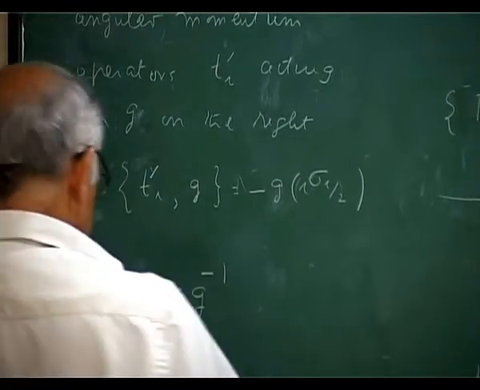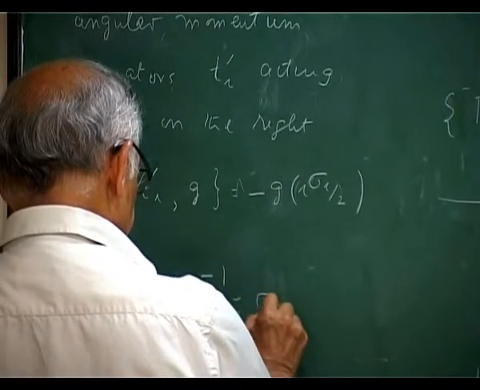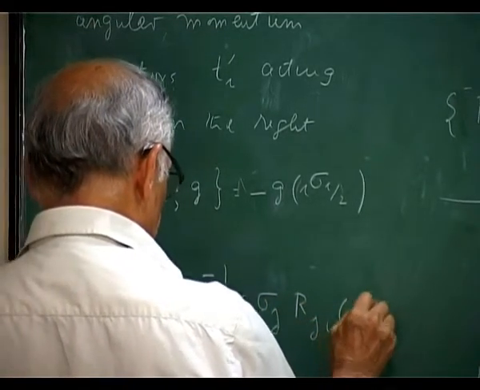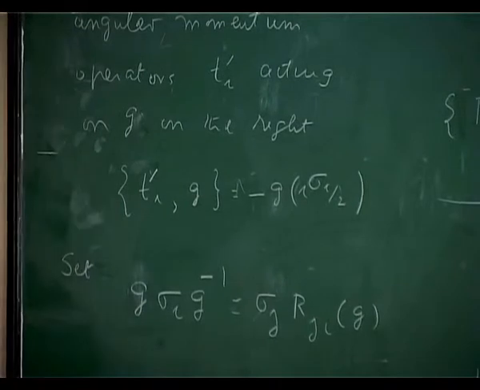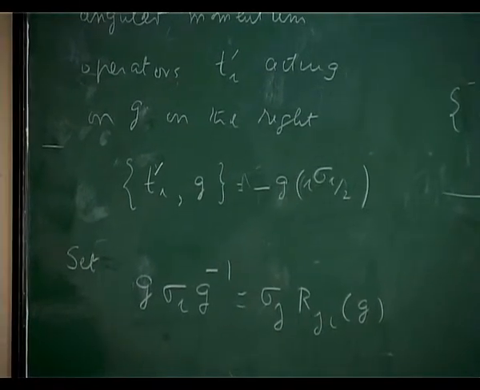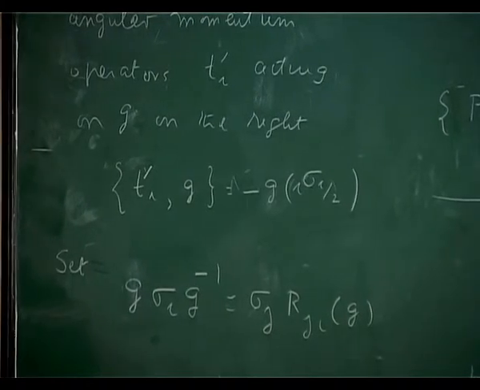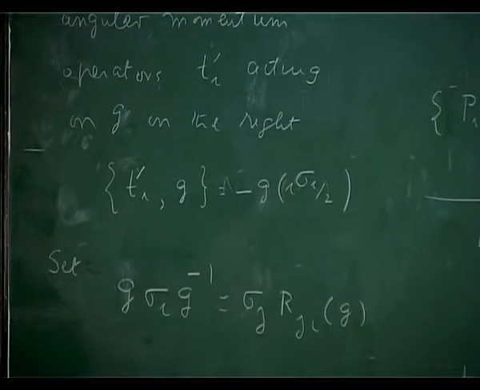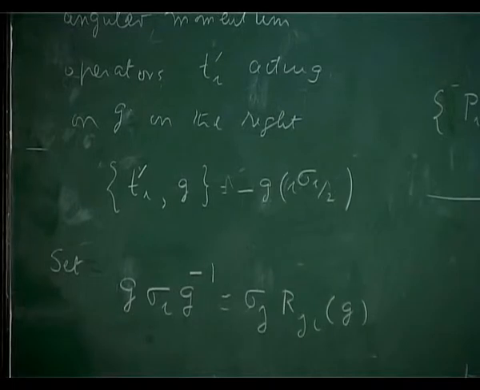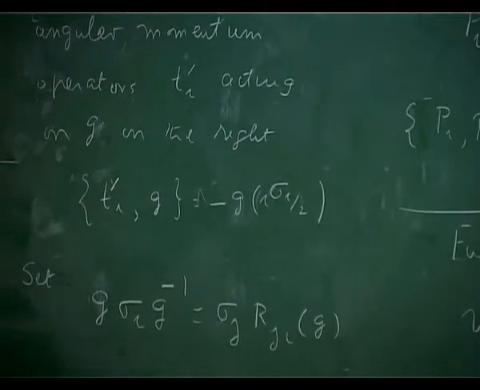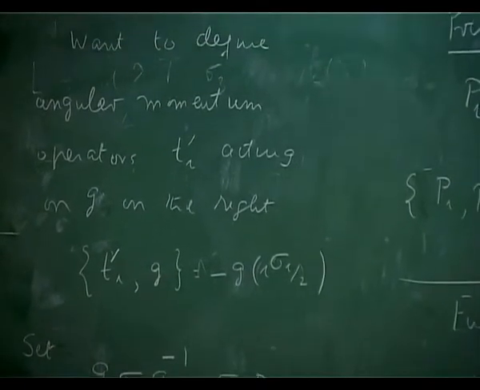Some of you know that this is the usual map from SU(2) into SO(3). So R is defined by G, but plus and minus G go to the same R. So this is a twofold covering map from SU(2) into SO(3).